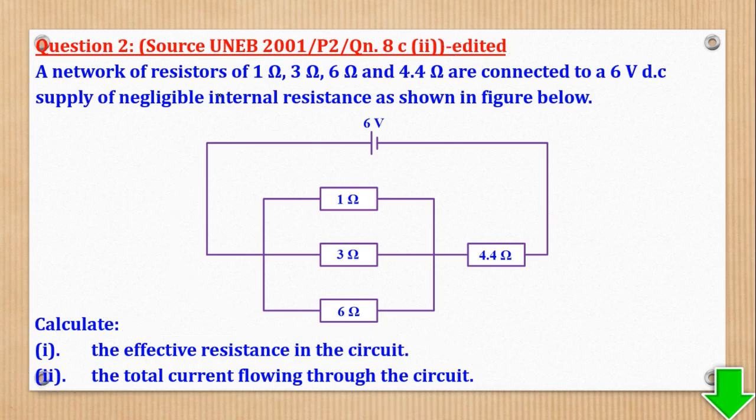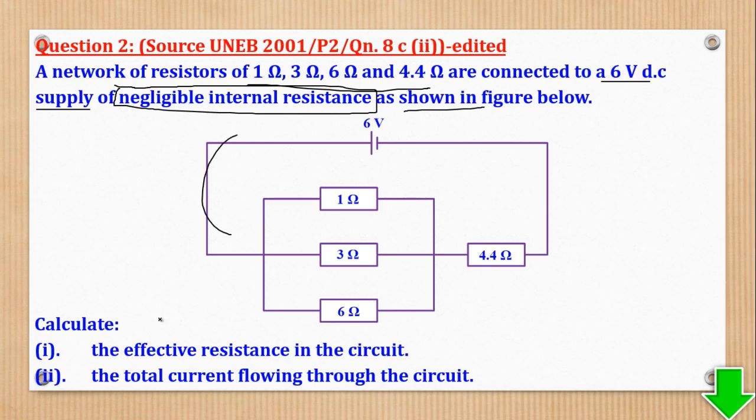So a network of resistors is connected to a 6-volt DC supply of negligible internal resistance. Remember we said internal resistance, we don't know it at this stage, but the good thing, it is negligible, meaning you have to neglect it.